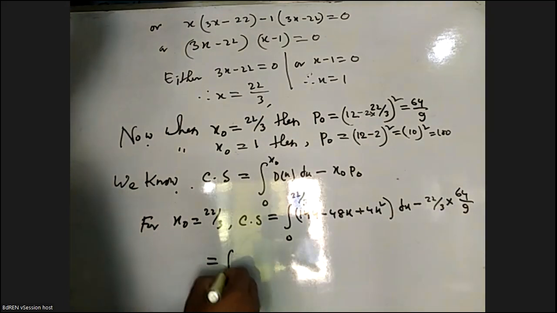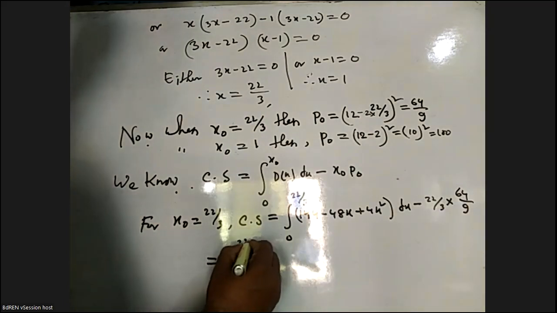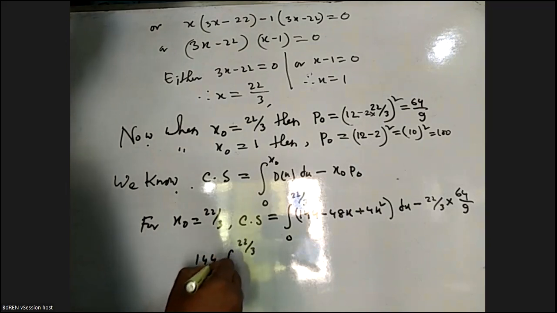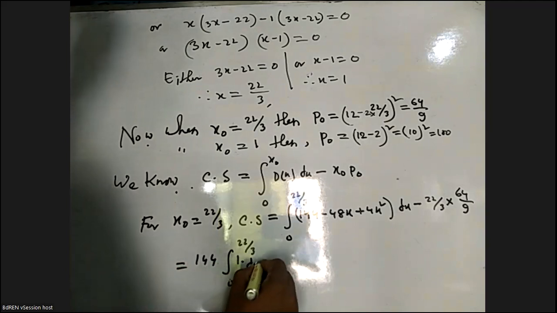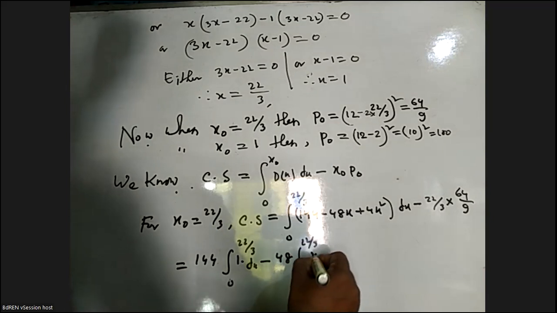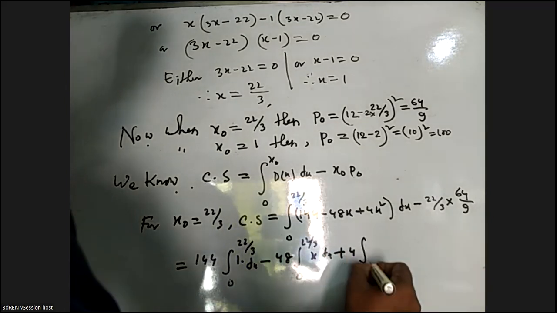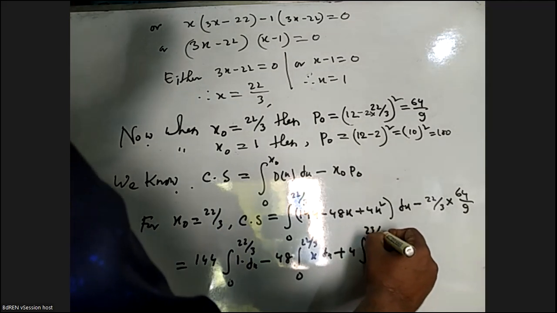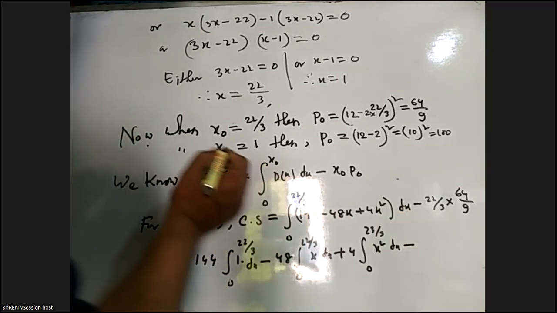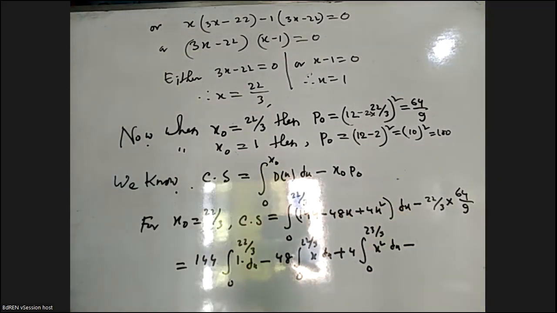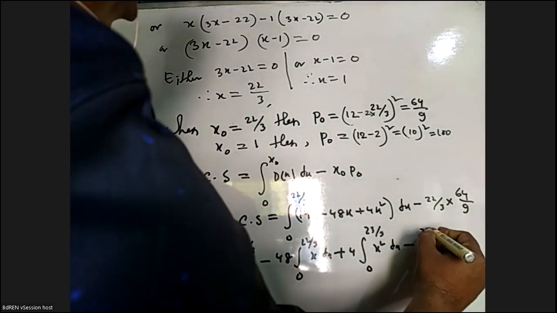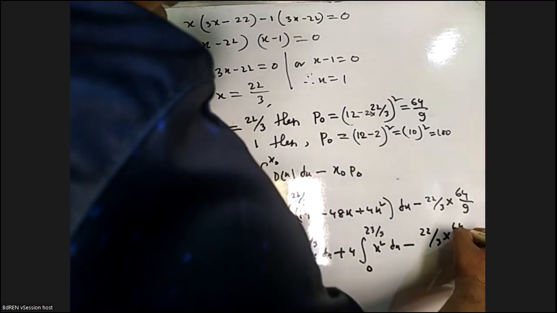This equals 144 integral from 0 to 22 by 3 of dx, minus 48 integral of x dx, plus 4 integral of x square dx, minus 22 by 3 multiply 64 by 9.